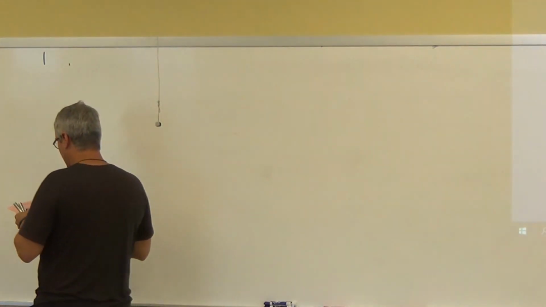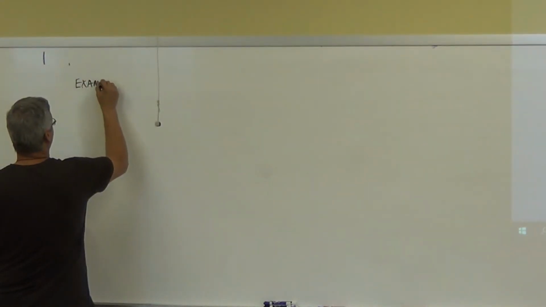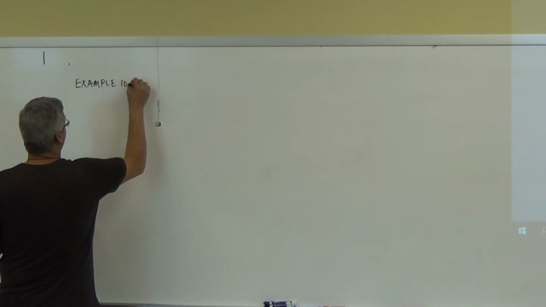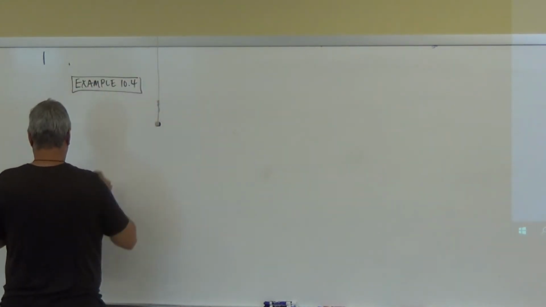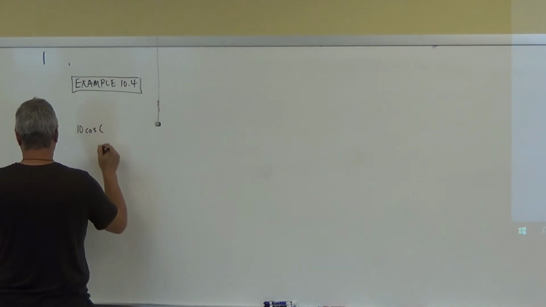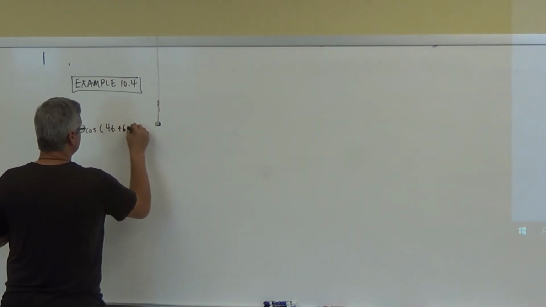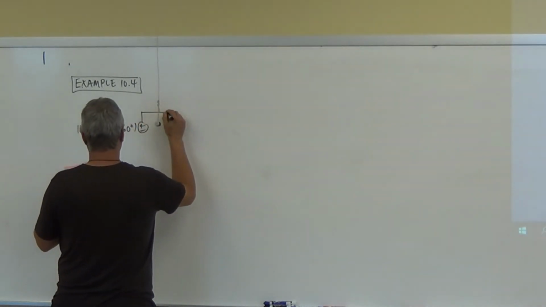So we're on this example. And when you look at this guy, we got 10 cosine of 4t plus 63. And I have this mess right there.